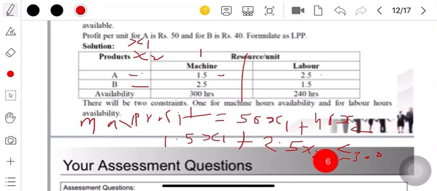In a similar manner, 2.5x1 plus 1.5x2 less than or equal to 240.